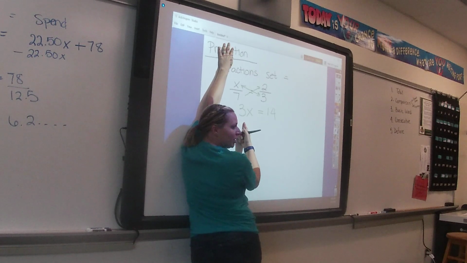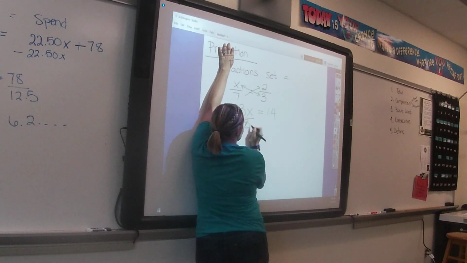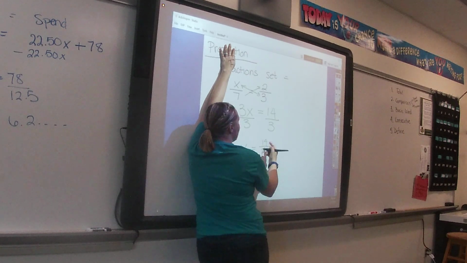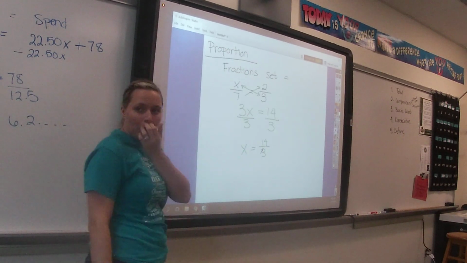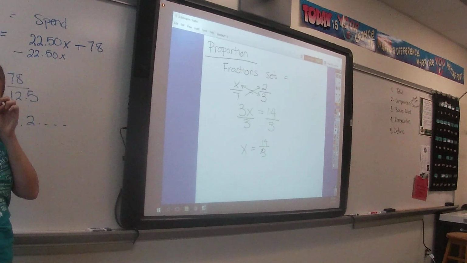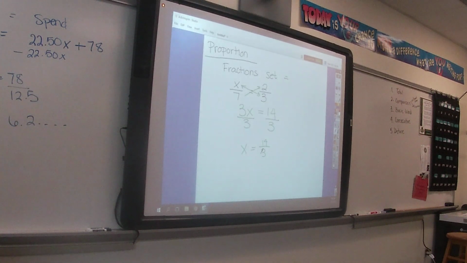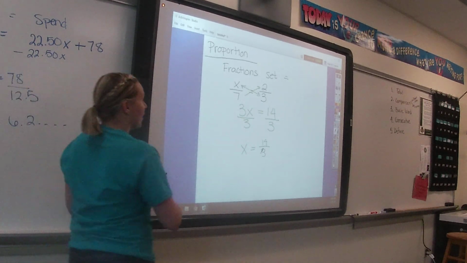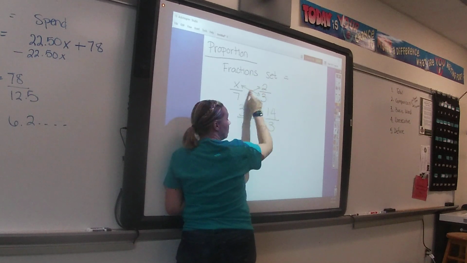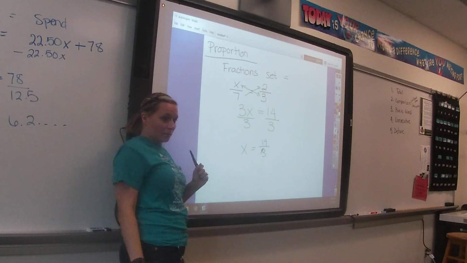How do we undo multiplication? You can divide this out and see what it is as a number. So are we at least seeing right here that we're multiplying on this diagonal and we're setting it equal to multiplying on this diagonal?